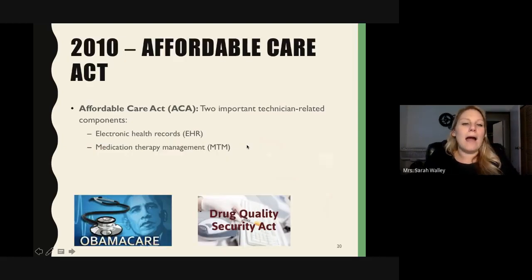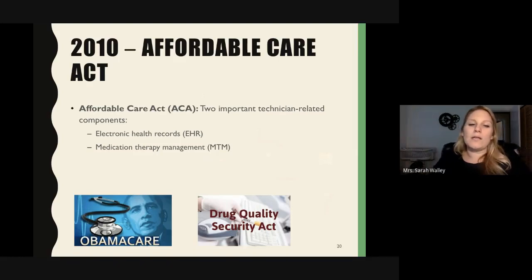2010 Affordable Care Act, or Obamacare. 2 important technician-related components were electronic health records that came out in this, and medication therapy management was also something that came out in this that was important. And so for electronic health records, I'm kind of on the fence with them. There's a lot of talk about how they can be hacked, and so you have to be careful with that.